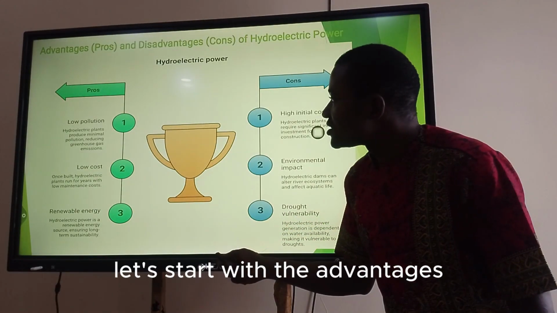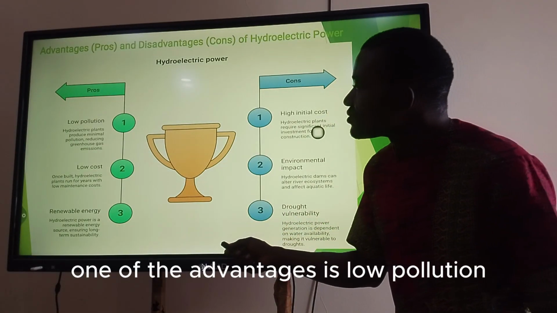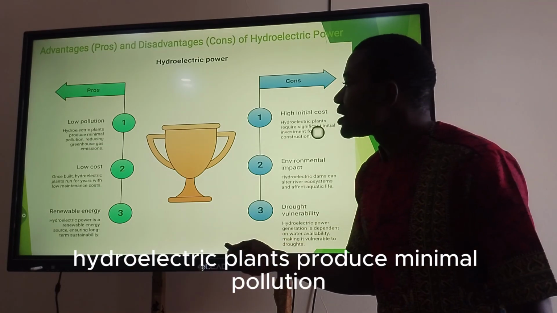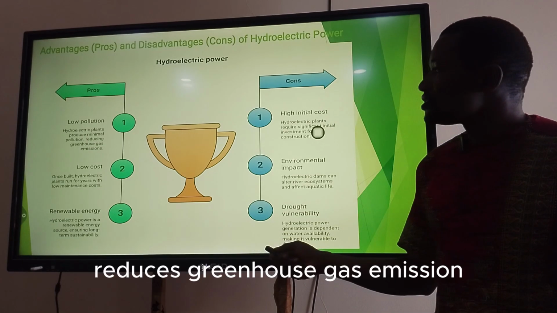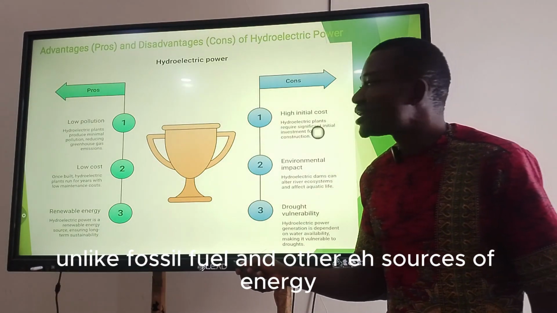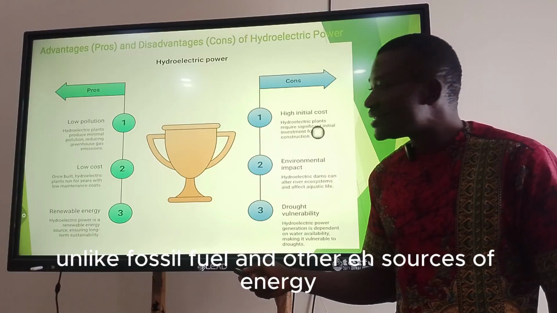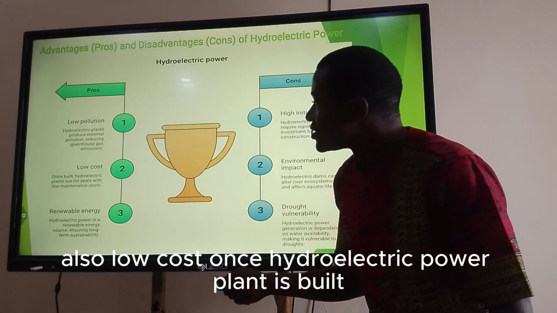Okay, let's look at the advantages and disadvantages of hydroelectric power. Let's start with the advantages. One of the advantages is low pollution. Hydroelectric plants produce minimal pollution and reduce greenhouse gas emissions, unlike fossil fuel and other sources of energy. Also, low cost.